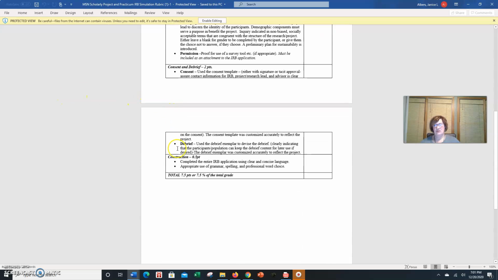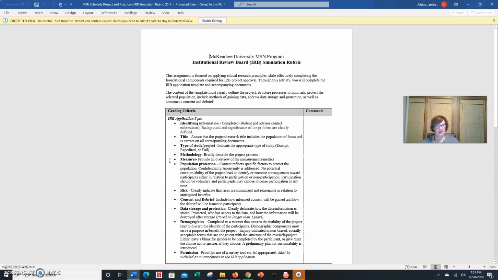Then going into the consent and the debrief, those templates are available to you, and you want to make sure that your application is very clear, concise, easy to follow, and that you're using professional language when you're completing the form. If you have any questions whatsoever about this process, please do let me know.